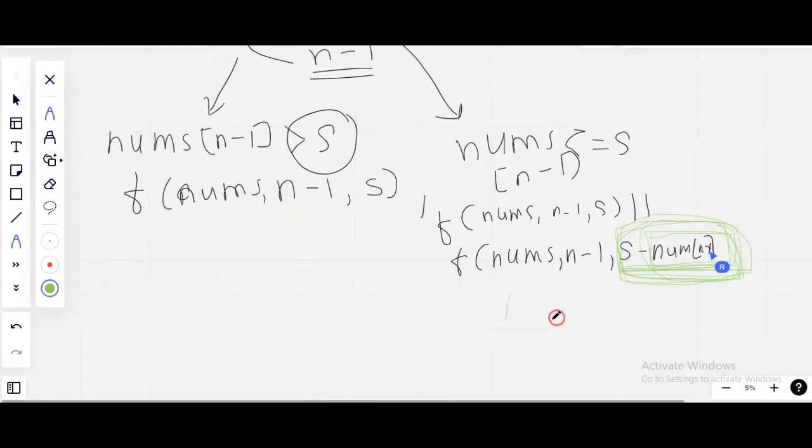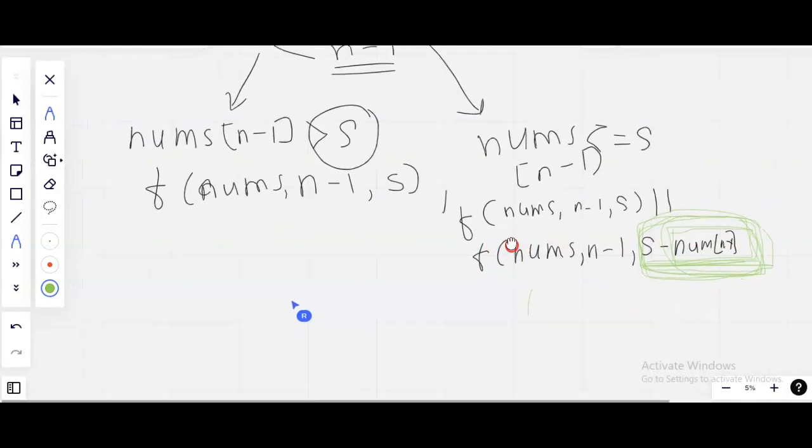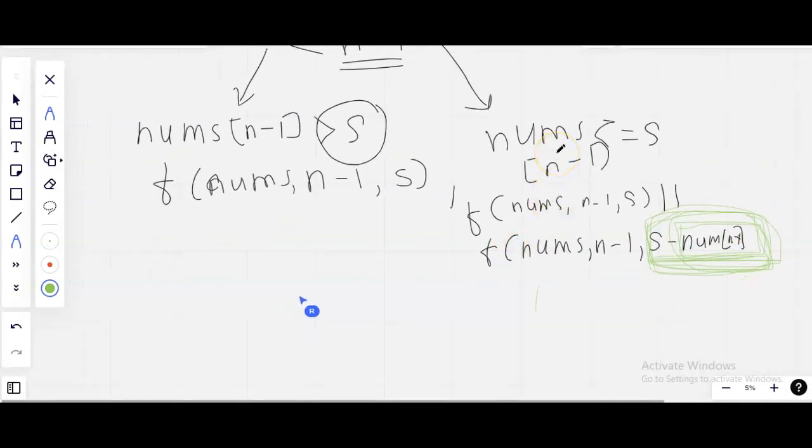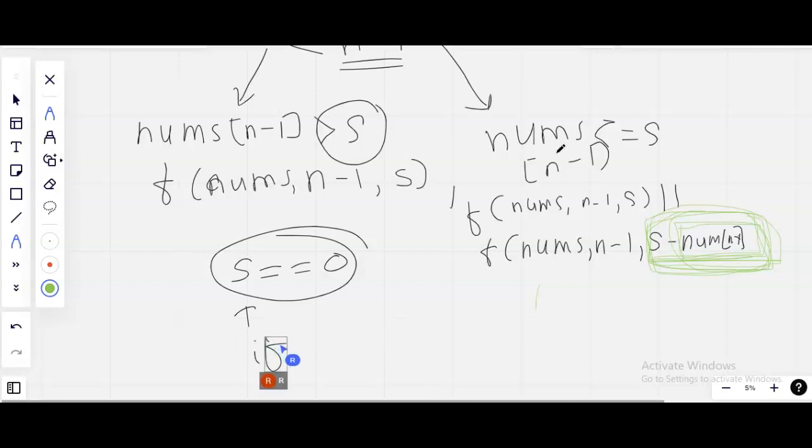Also, now let us check what the base cases might be. So if our sum is 0, then we will simply return true, as we have got our partition. If not, and if our n is now 0, where n denotes the number of elements, not the index, right?